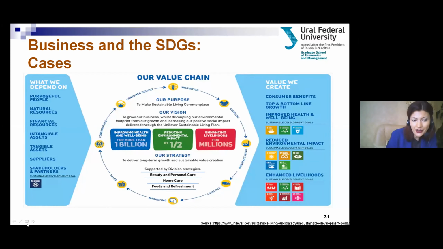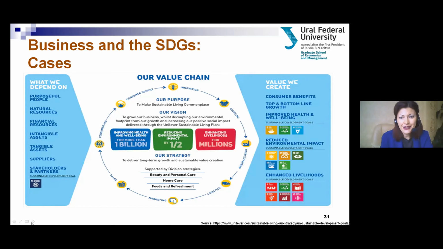And this is one of the companies which actually pays attention to stakeholders and partners. Vice President of Unilever in Russia, Irina Bakhtina, is actually a good friend of ours at Ural Federal University. And she is one of the most active partners of developing SDGs in Russia totally. Well, maybe we will have a guest lecture from her in this or next semester.